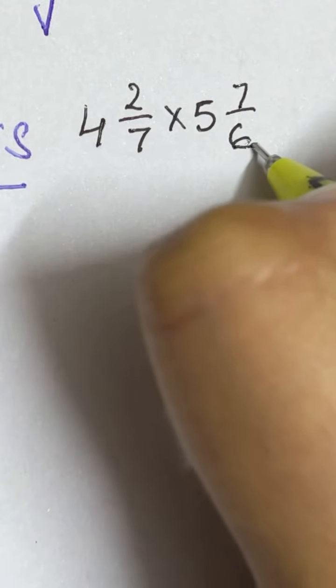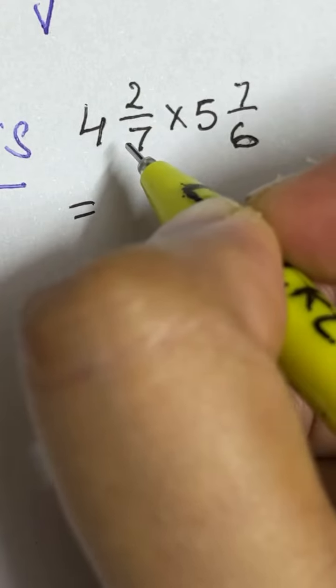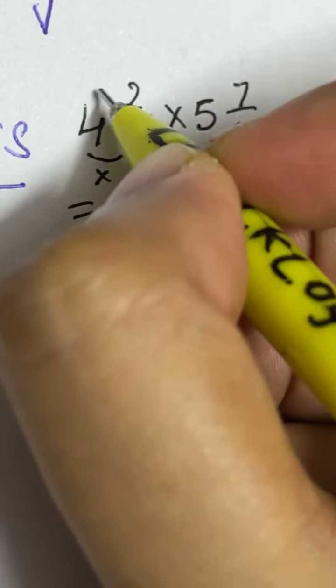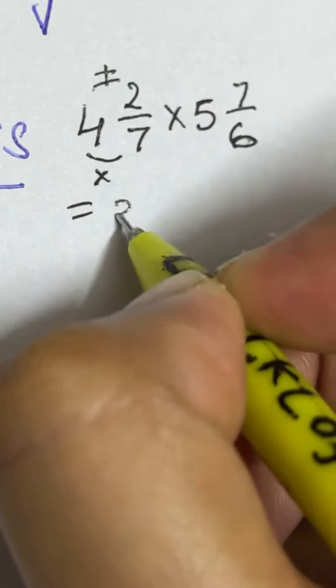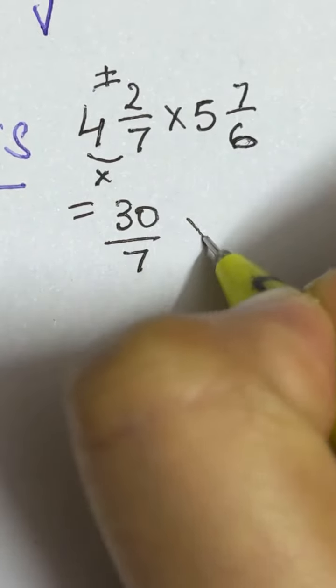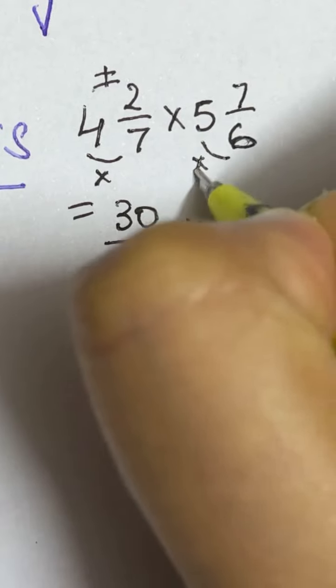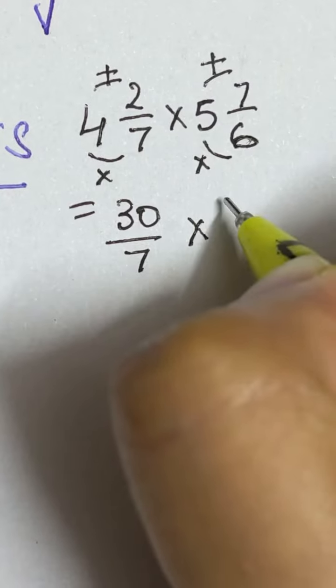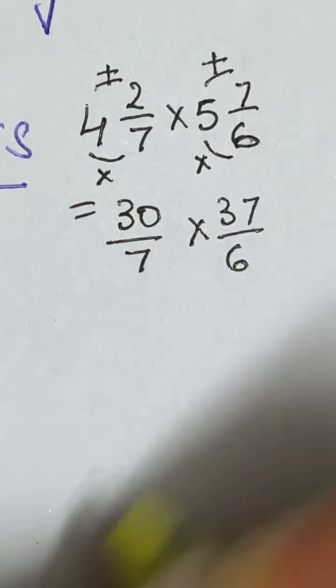So how are we going to multiply these two mixed numbers? We are first going to convert it into an improper fraction. 4 times 7 is 28. 28 plus 2, that's 30. 30 over 7 times 5 times 6 is 30. 30 plus 7 is 37. So I have 37 over 6.